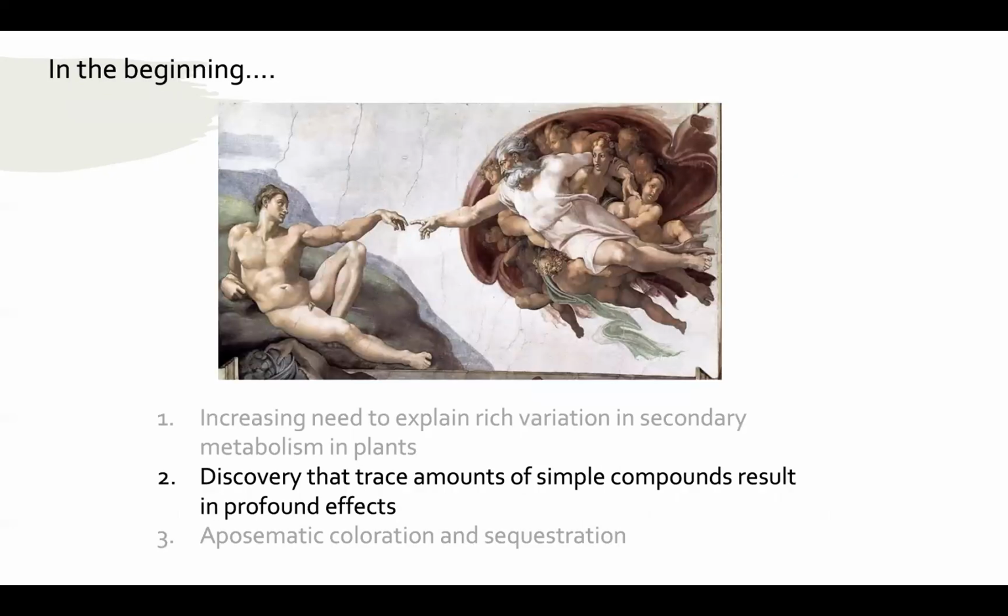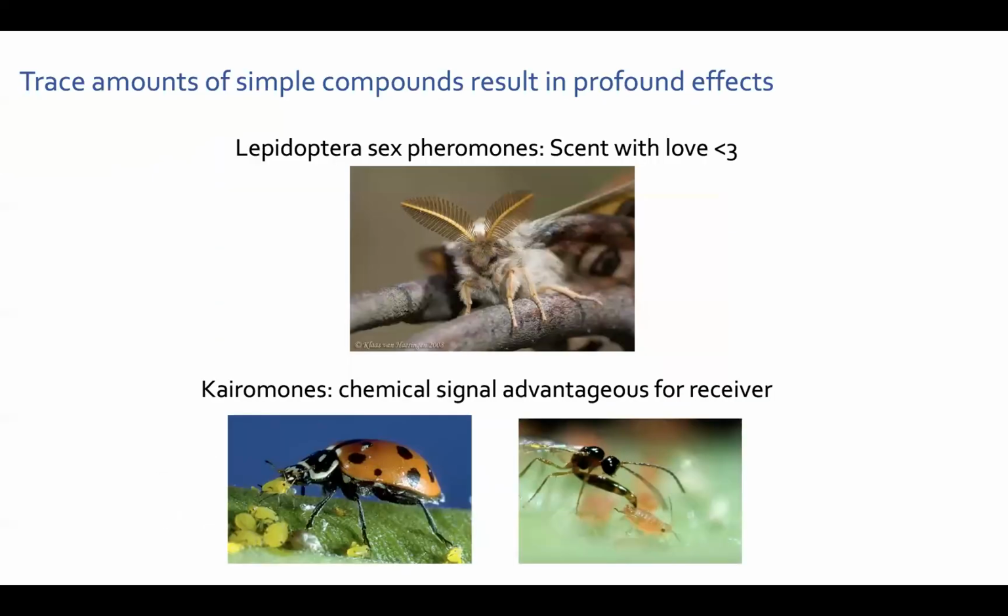Really quickly, I just want to say something about trace compounds and how they can have profound effects. I'm not going to focus on kairomones here, but I want to talk mostly about sex pheromones in the order Lepidoptera, so with moths especially.